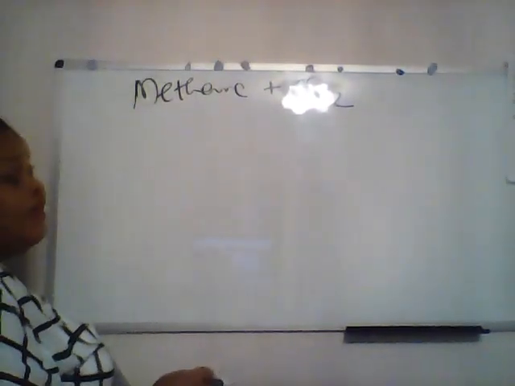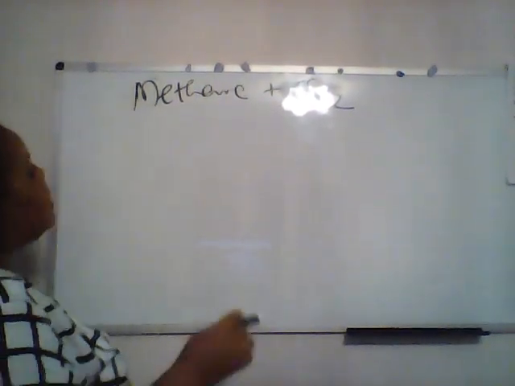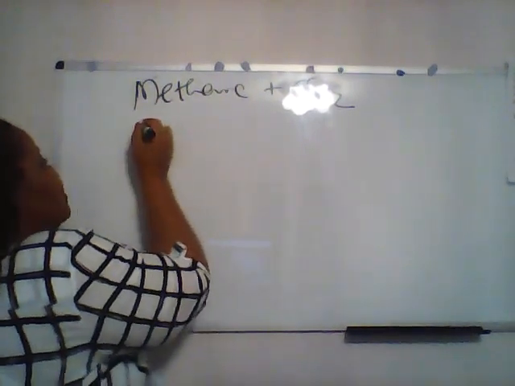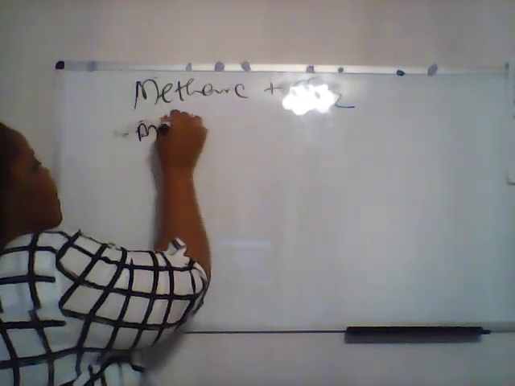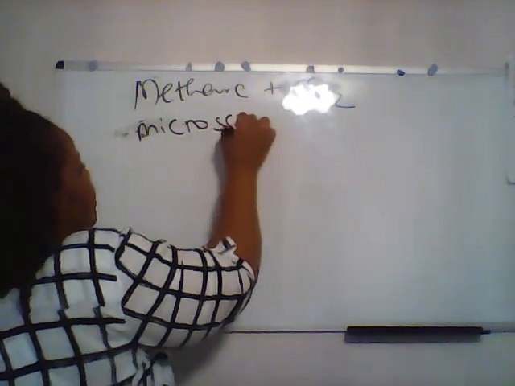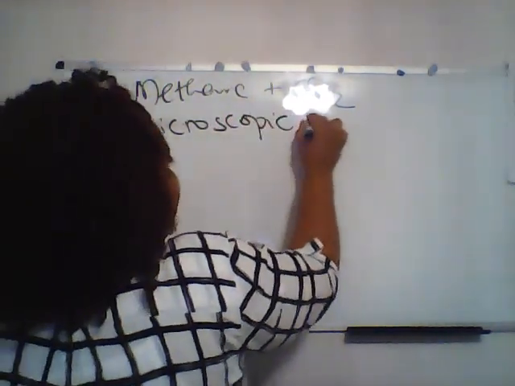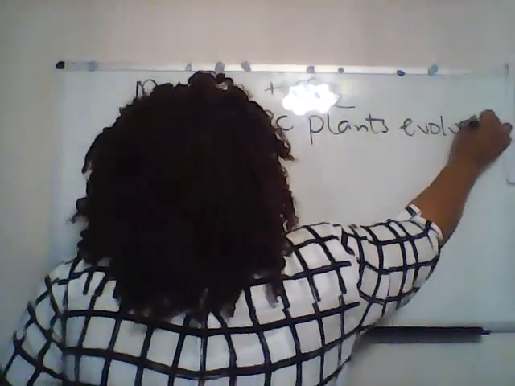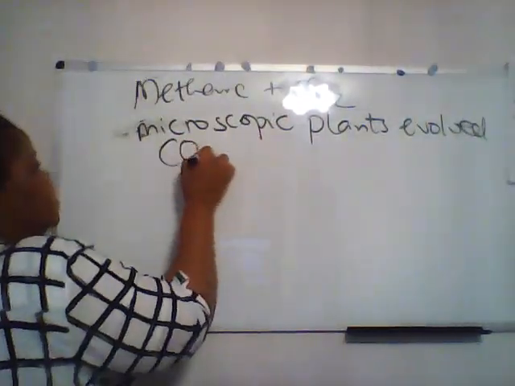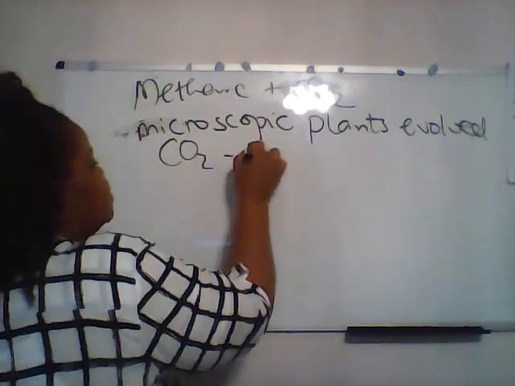If the early atmosphere had CO2, now what happened was there was evolution of microscopic plants, microscopic plants evolved, and they used the CO2 for photosynthesis.